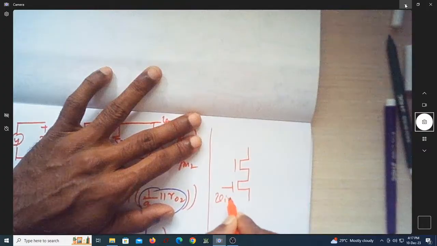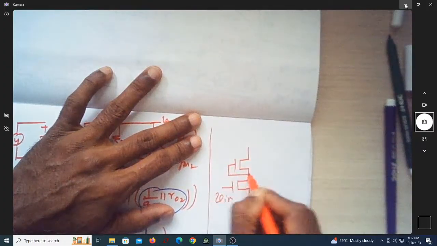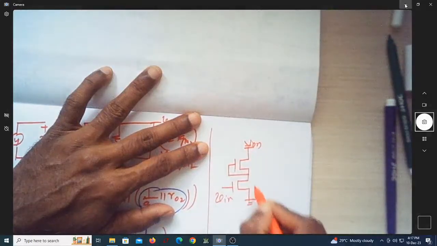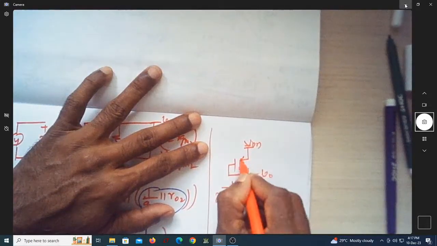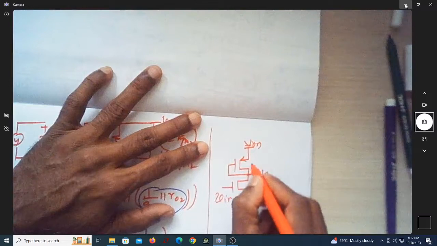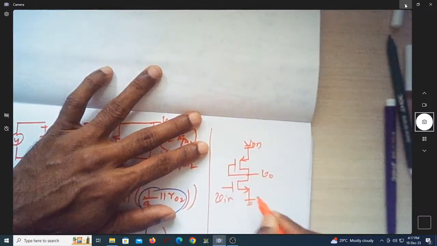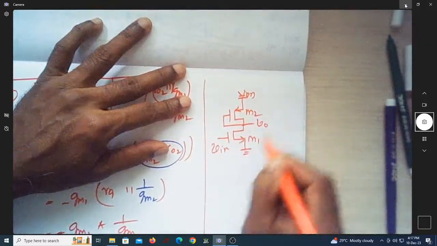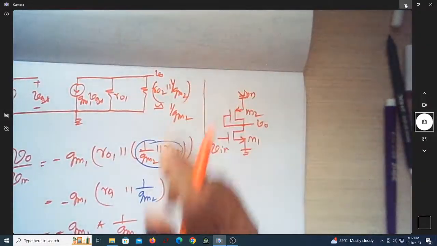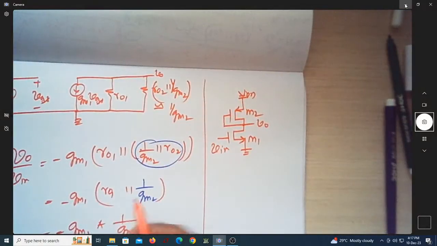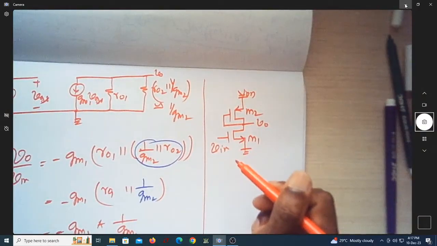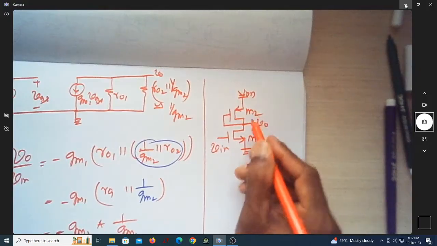Now suppose I replace this by something like this. You tell me what the gain is. If this is Vin, this is VDD, this is ground, this is V0, and assume that this is my PMOS transistor. If this is M1 and this is M2, can you tell me what the resistance looking into the drain is? Looking upward into the drain, is it not 1 over gm2 parallel R02?